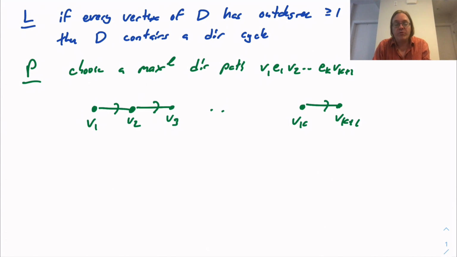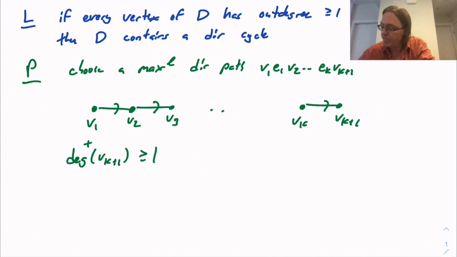Now, what do we know about our digraph? We know that every vertex has out degree at least 1. So I know that the out degree of the vertex v k plus 1 is at least 1. That means there's an edge that goes from v k plus 1 to some other vertex. Again, by maximality, that vertex must lie along the path.